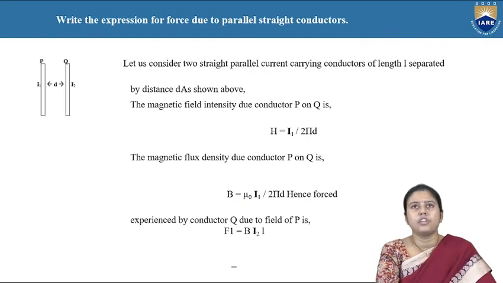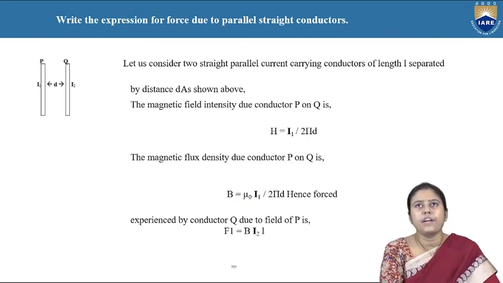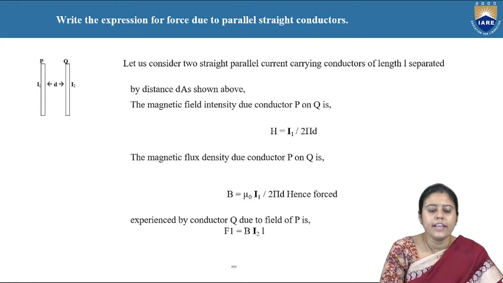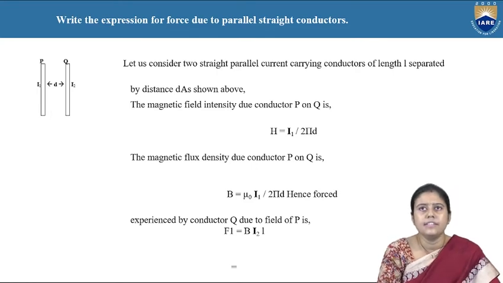Next important question: write the expression for force due to parallel straight conductors. Let us consider two straight parallel conductors carrying current I, separated by a distance d. The magnetic field intensity H is equal to I by 2 pi d according to Ampere circuital law.